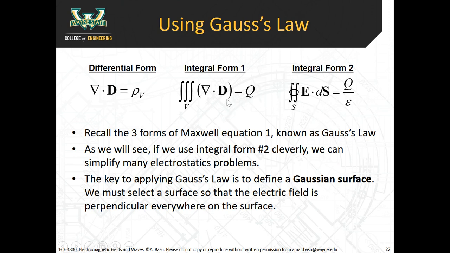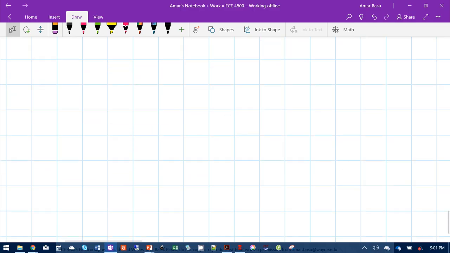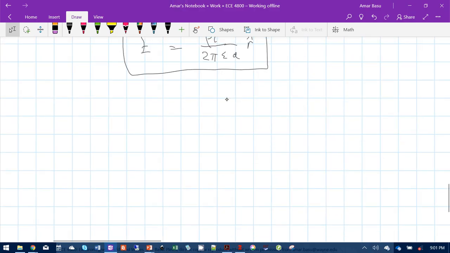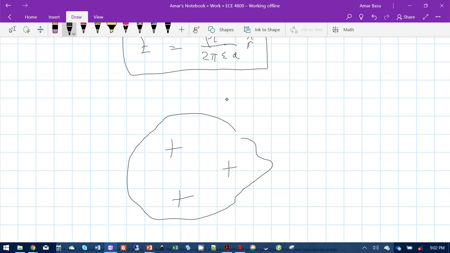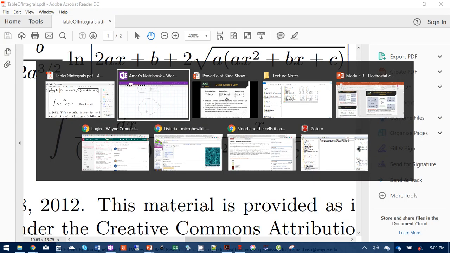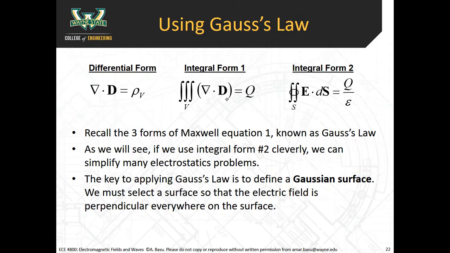If you have charge enclosed in some volume, let's say it's just put charges in some kind of arbitrary shape like this, okay? The triple integral of the divergence, which means the total flux, is equal to the total amount of charge.